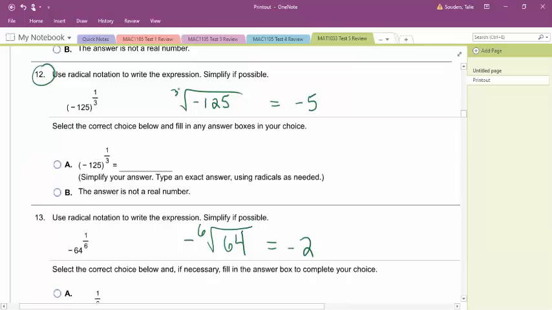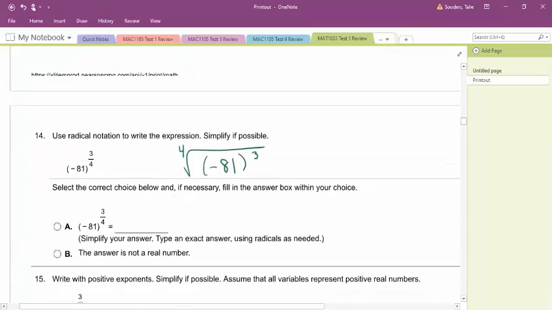If you have an odd root, you can get an answer. If it's negative, you'll get a negative answer. But if you have an even root, and this ends up being negative even when you cube it, so if you have an even root of a negative number, that's when it's going to be not real. Because if you multiply a negative number an even number of times, it always gives you back a positive answer. That's the problem. So you're not going to get back to a negative answer.